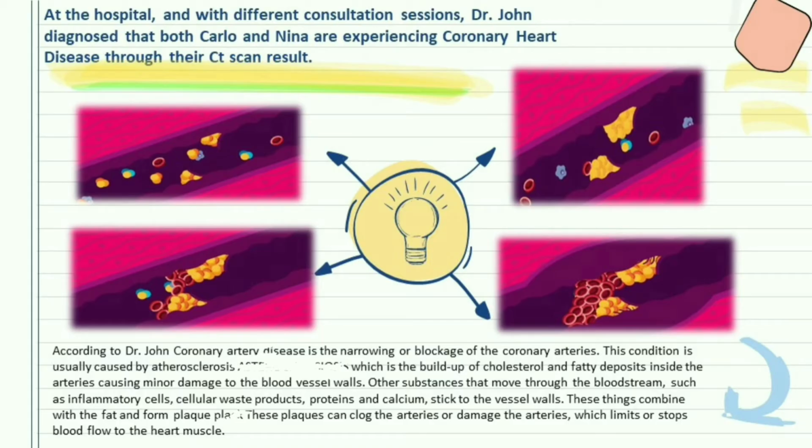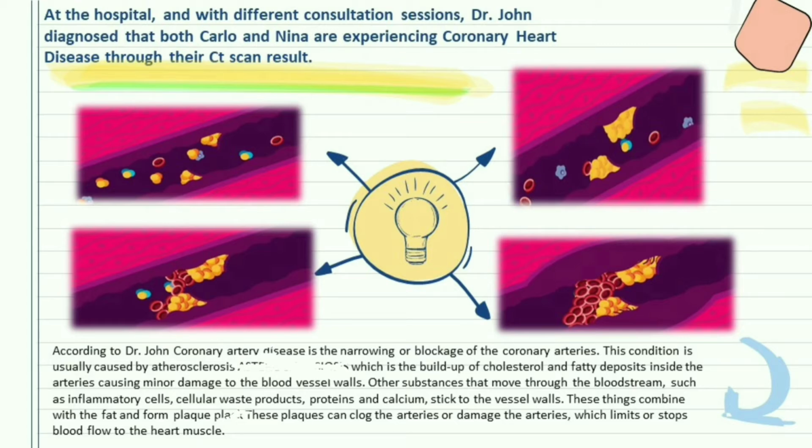At the hospital, and after different consultation sessions, Dr. John diagnosed that both Carlo and Mina are experiencing coronary heart disease through their CT scan results. According to Dr. John, coronary artery disease is the narrowing or blockage of the coronary arteries.